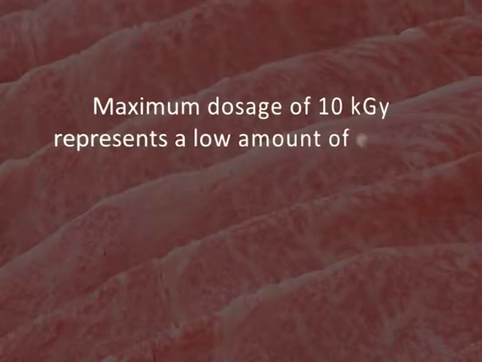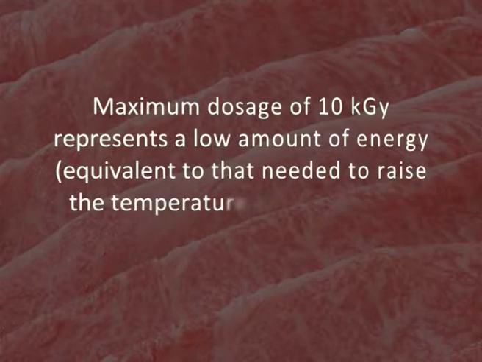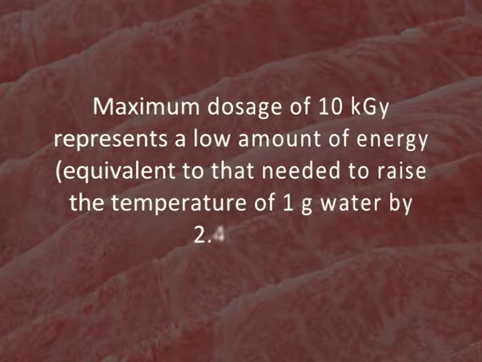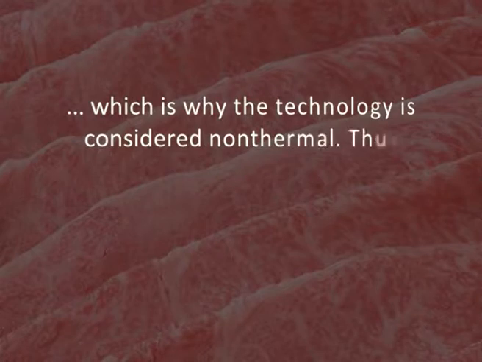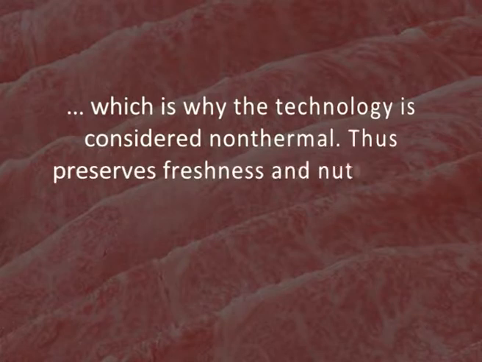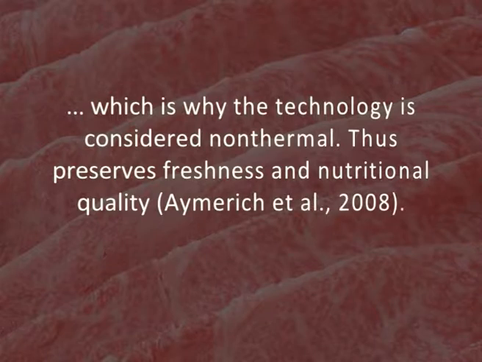A maximum dosage of 10 kGy represents a low amount of energy, equivalent to that needed to raise the temperature of 1 gram of water by 2.4 degrees centigrade, which is why the technology is considered non-thermal, thus preserving the freshness and nutritional quality of the meat and meat products when compared to the thermal methods.